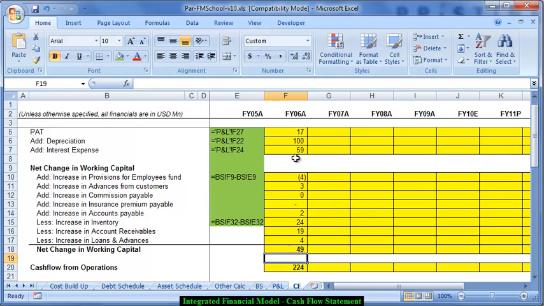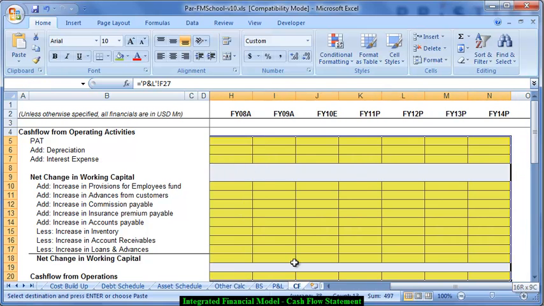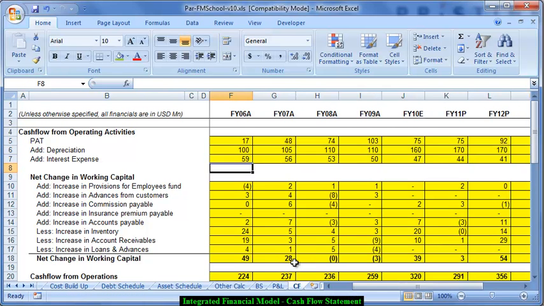Is that okay? The company seems to be doing very well as far as the cash from operations is concerned. It's able to generate a healthy profit after tax. The net change in working capital is good, right? And I am getting a good cash flow from operations. That's very good for the company. So all I do is I copy it and take it to the right and just press enter. Is that okay?